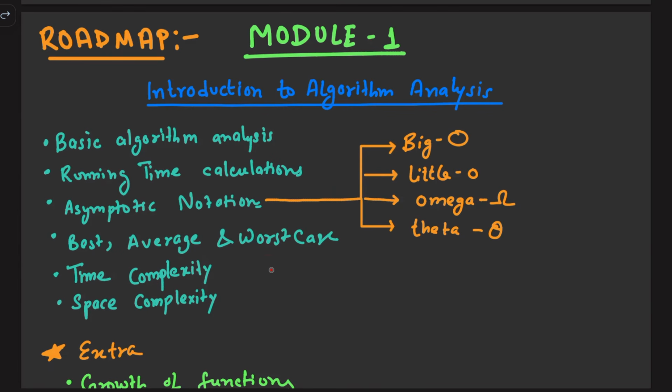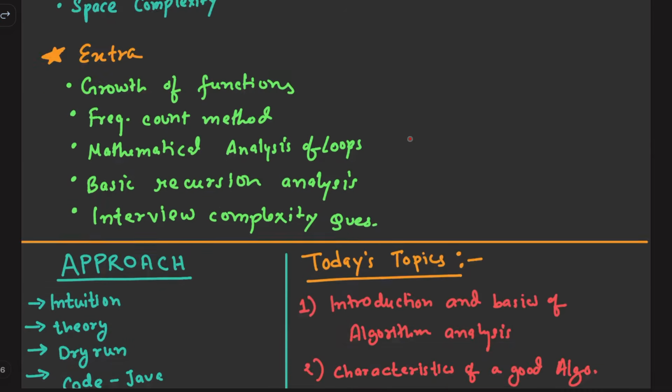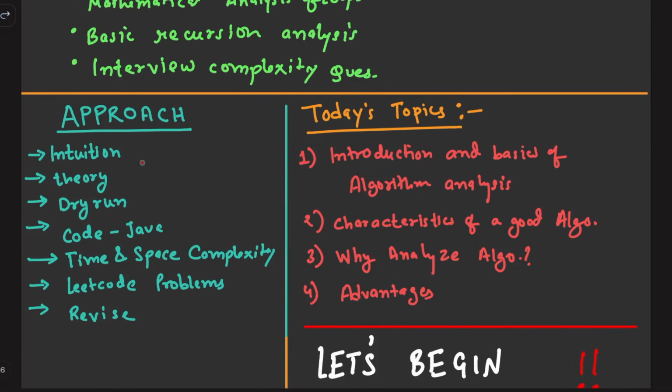But I feel there are some extra topics which we need to learn for more understanding of module 1. So we'll do it whenever needed. So this will be our approach while studying any topic or any algorithm.